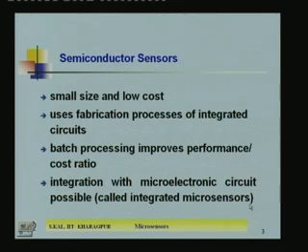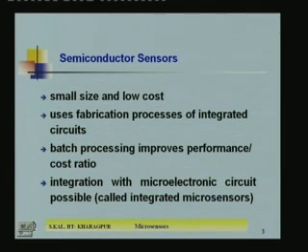Now, we are dealing with microsensors, which are based mostly on semiconductor material. They are small in size and low in cost, that is one advantage. They use the fabrication processes of integrated circuits or VLSI, which is a very good advantage.